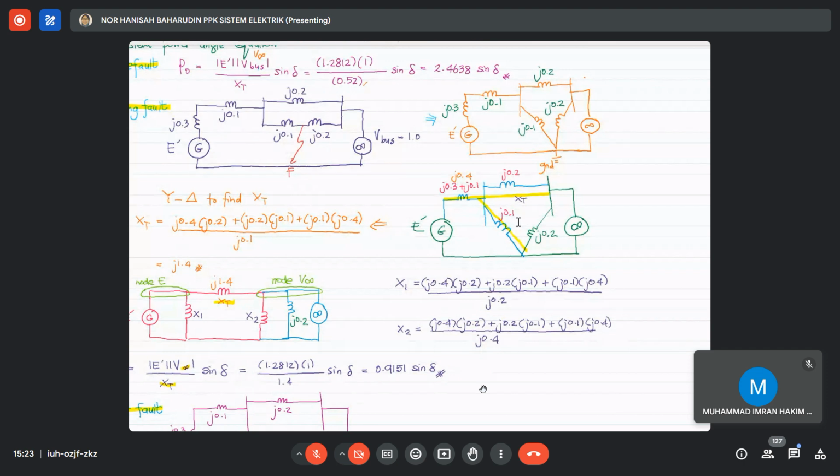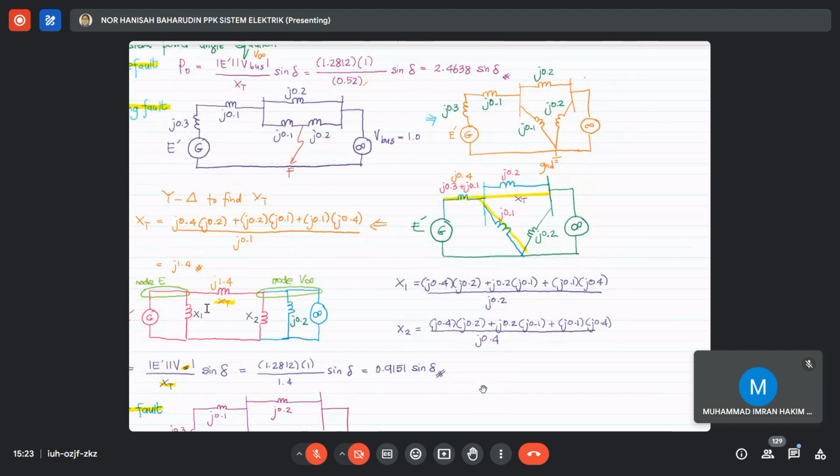To find your XT: j0.4 times j0.2 plus j0.2 times j0.1 plus j0.1 times j0.4, divided by the opposite reactance, which is j0.1. That's why you are going to get your transfer reactance j1.4.